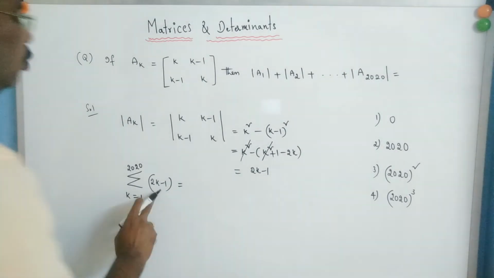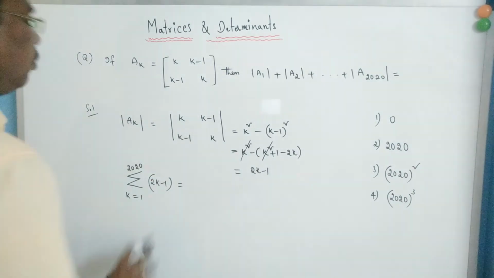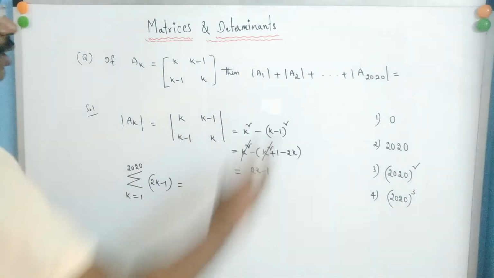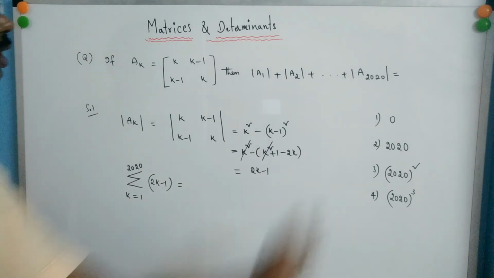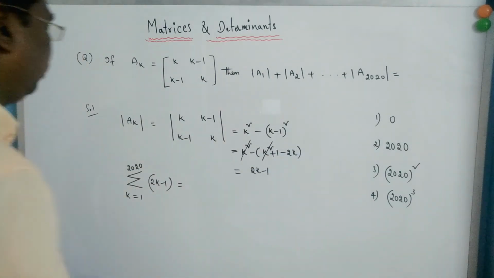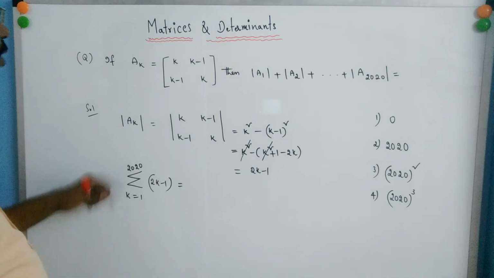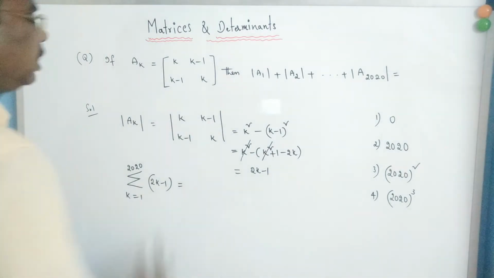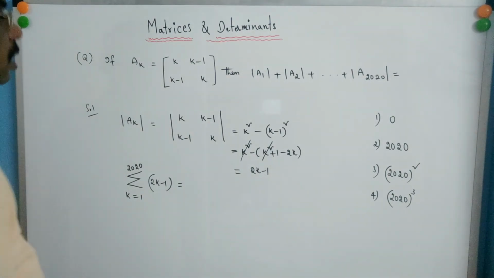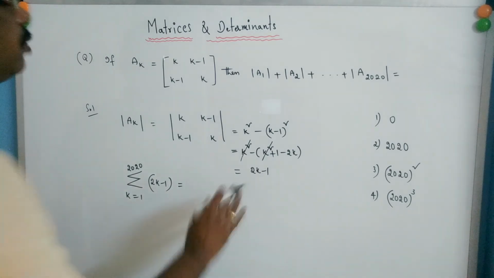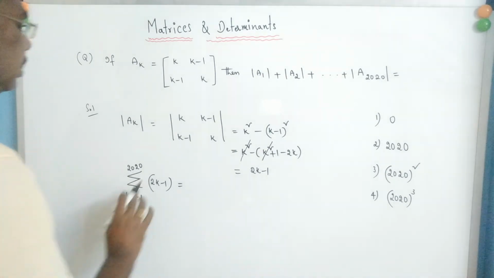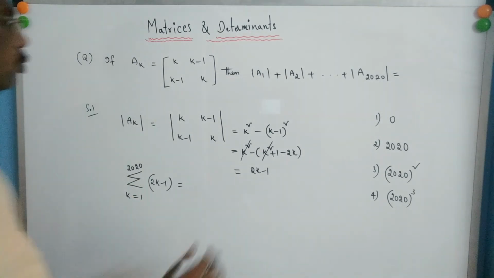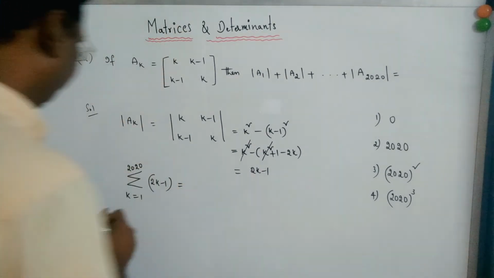Okay, now K value 1. Now det of A1 plus det of A2 plus up to so on det of A2020 value is sigma K is equal to 1 to 2020 of 2K minus 1. Now here A K value is 2K minus 1. Now this value is sigma 2K minus 1.